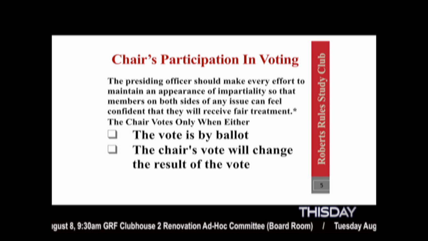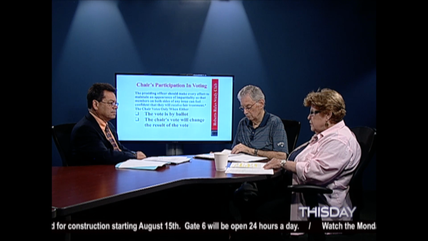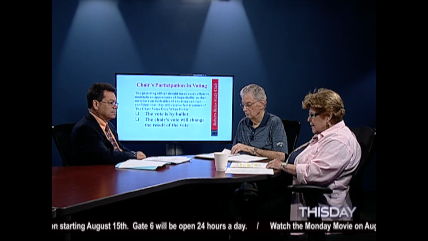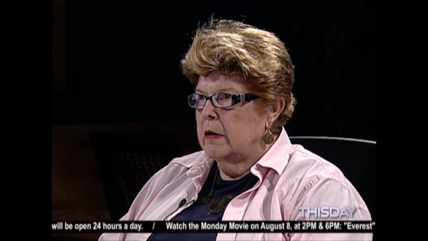For example, in a tie, to break the tie, they can vote either for or against the issue and change the result. A tie vote would result in a negative. The motion would fail because it did not get a majority. So if they vote one way or the other, it's going to be for sure with a result. The same applies to the two-thirds vote, which gets a little trickier. But the chair does not have to vote to break a tie if they don't choose to. Absolutely not.